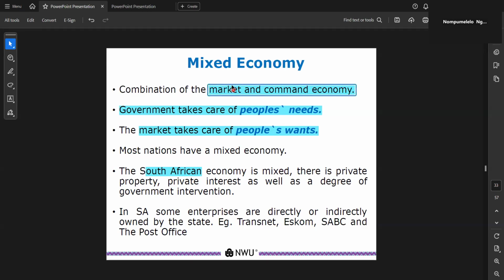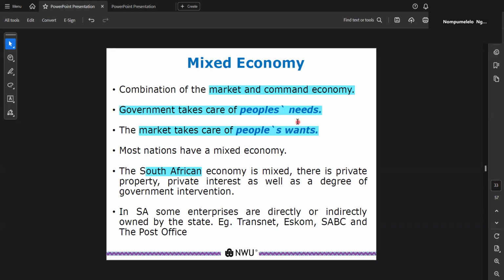We know that the market is privately owned, and the command is owned by the state. So the state or the government provides us with our needs, which are public services, and the market, which is privately owned, provides us with our wants. It takes care of our wants.